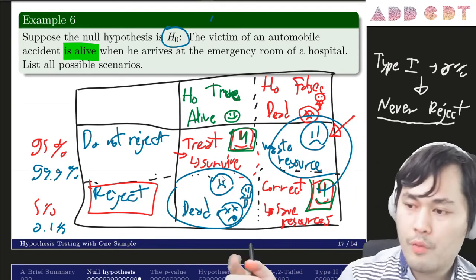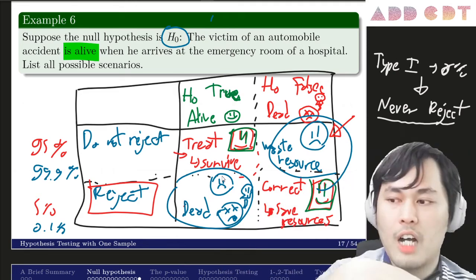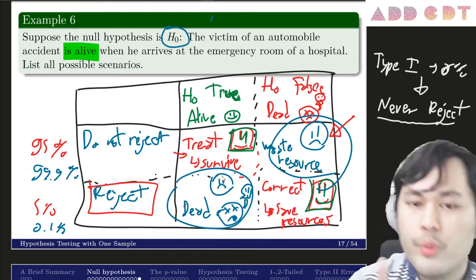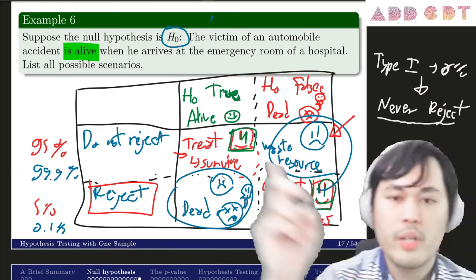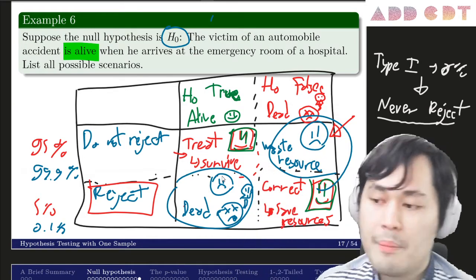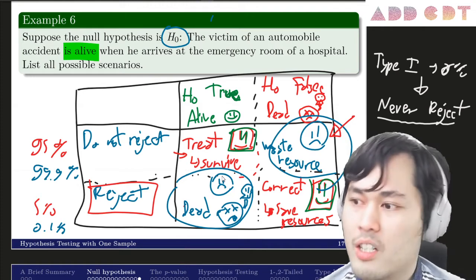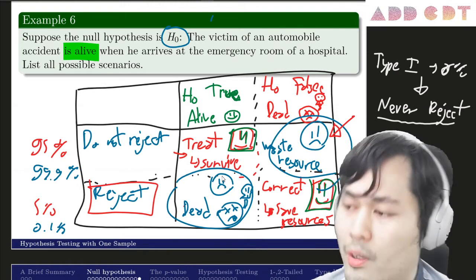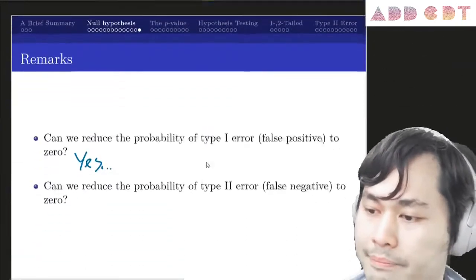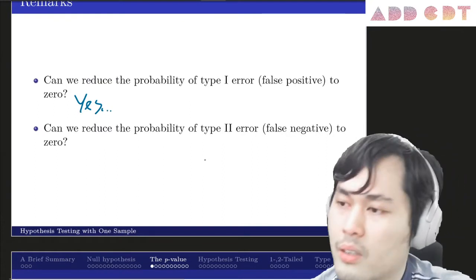If we are too afraid of type 1 error, we would increase the possibility of type 2 errors. But that means we have to waste all the resources to try to treat every single person, whether dead or alive, right? That would be not practical.